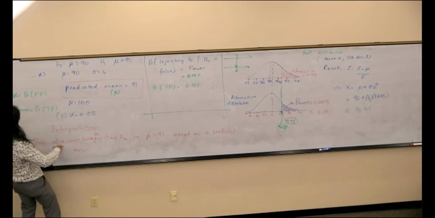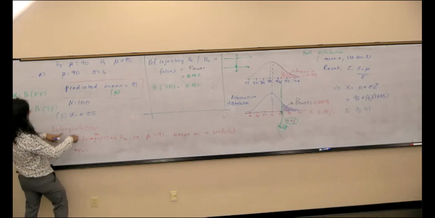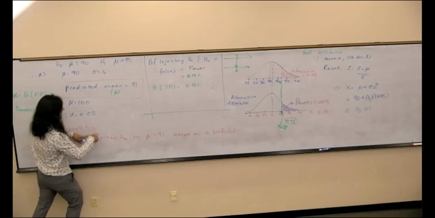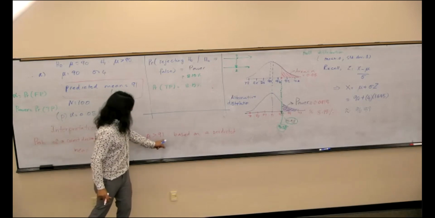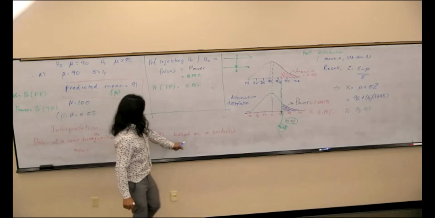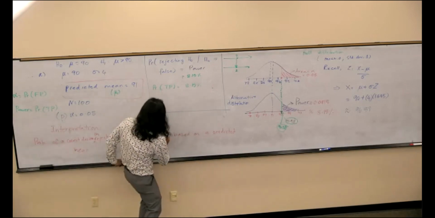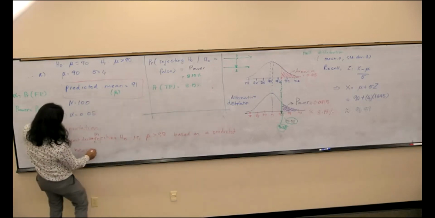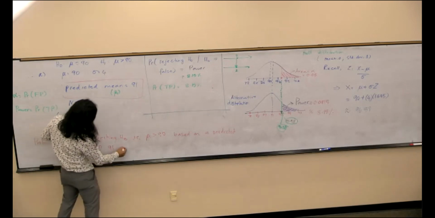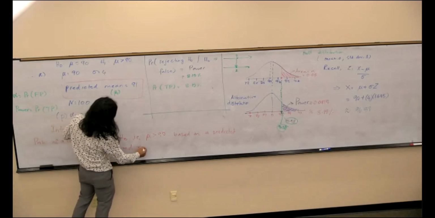What I wrote here is the probability of a correct decision in rejecting the null, that is mu greater than 90, based on the predicted mean of 91 and sigma equals 4.